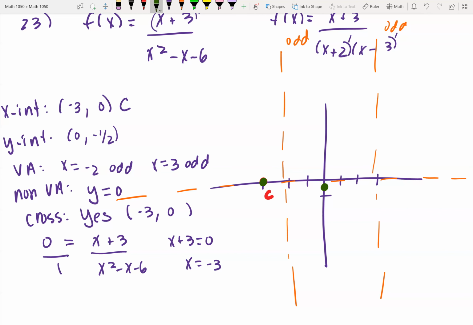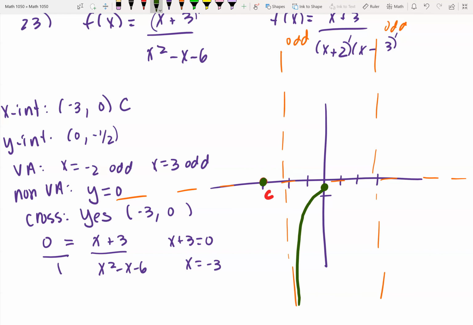I can't tell the right, nor can I tell the left, but I can tell the center, because there's no way it's going to be up high, because I've got to get to that intercept right there. And the only way to get there is to touch the x-axis, and I cannot touch the x-axis. So therefore I know it's not up, it's got to be down. So this is going to be down like this, come over and hit it.